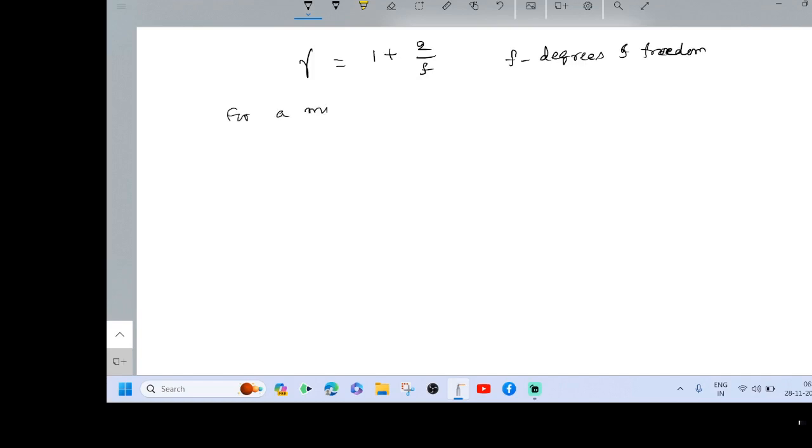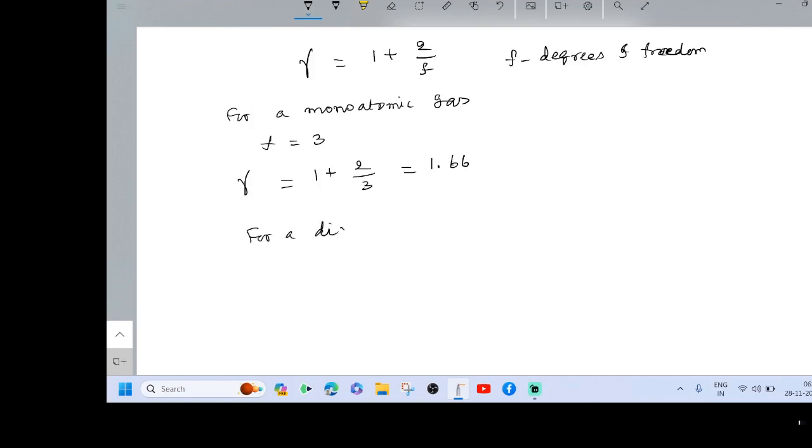For a monatomic gas, F equals 3. Therefore, gamma equals 1 plus 2 by 3, which is equal to 1.66. This is the value of gamma for a monatomic gas.